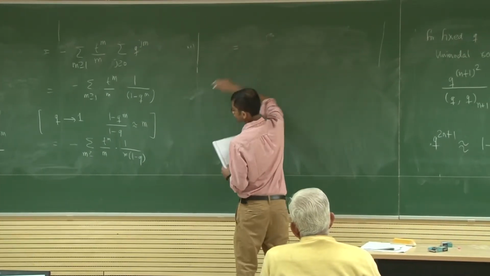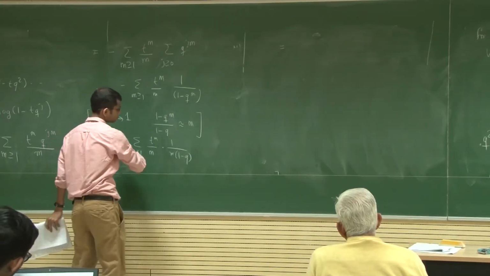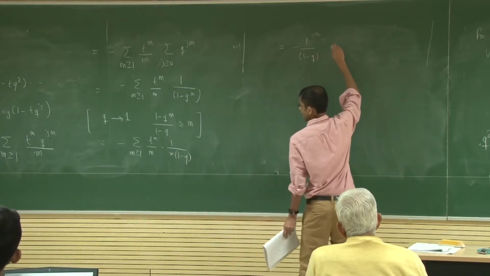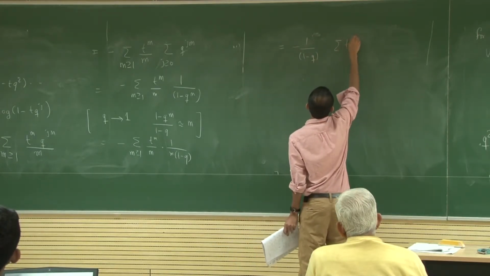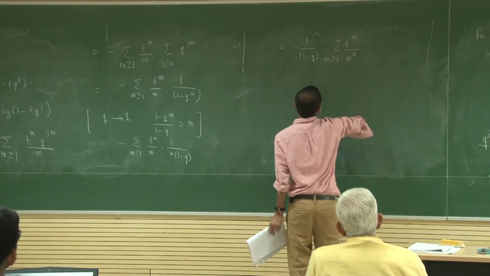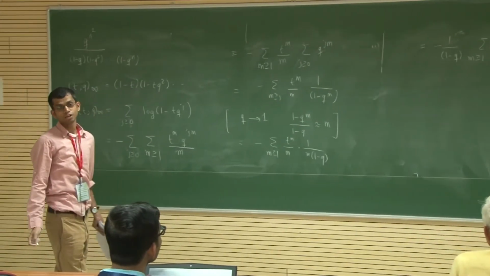What is this? So the sum is over m bigger than 1. So let's pull out the minus 1 over q. Okay. What is this? This is the dilogarithm.